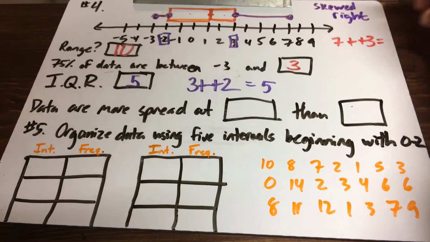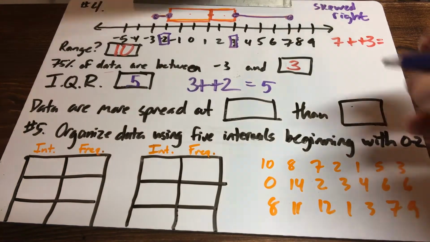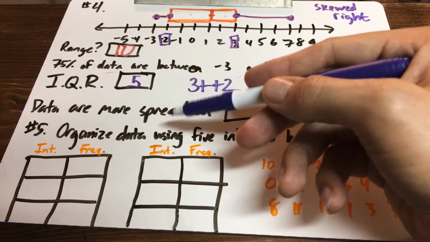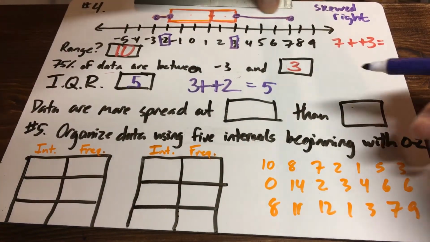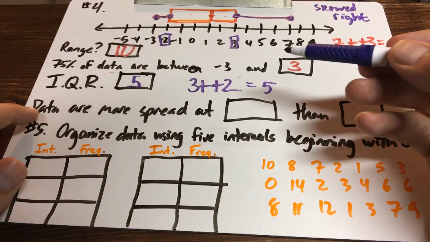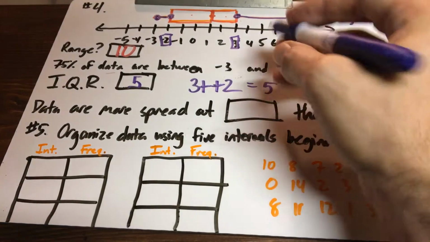When something is skewed to the right, it means most of the numbers are over here. Most of the numbers are on the left, but it's called skewed right because you've got this long whisker over here. So I would say more of the data are more spread out over here where it's really, really long. The whisker being long over here is going to say that the data are more spread out above quartile 3, right?